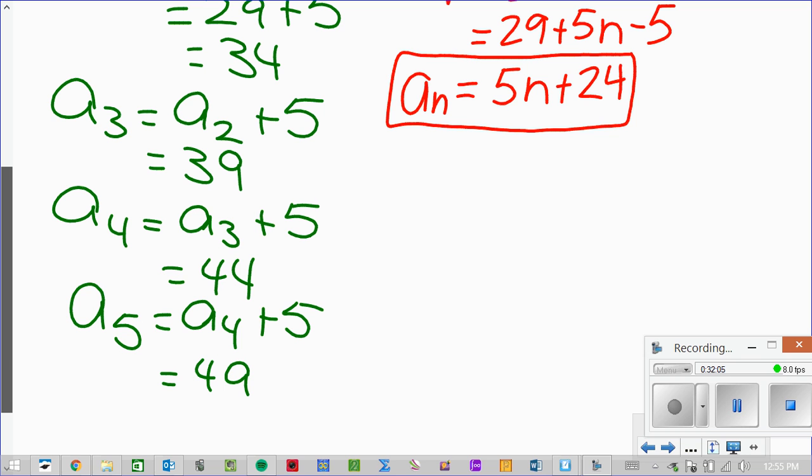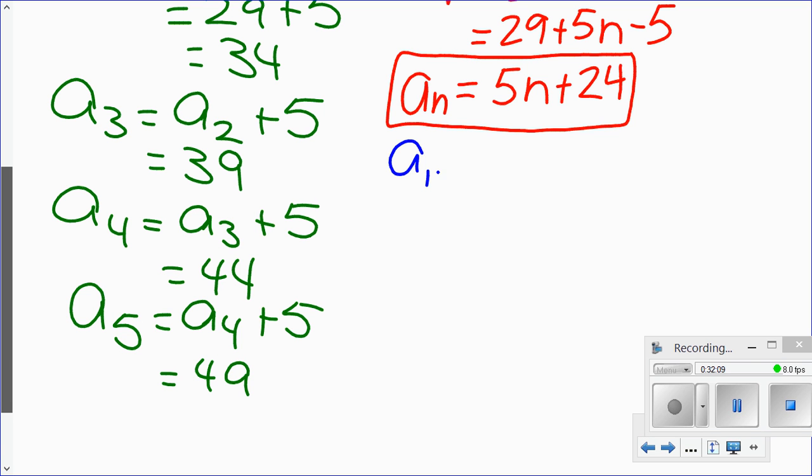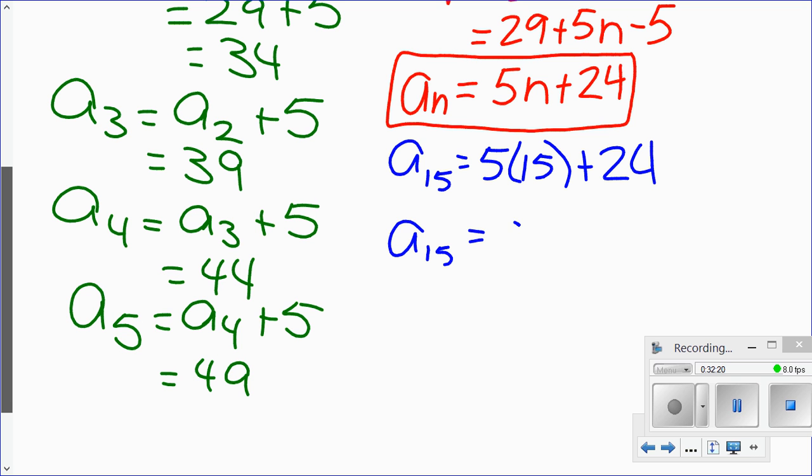Again, term means N. So everywhere you see N, put the number 15. So A sub 15 equals 99.